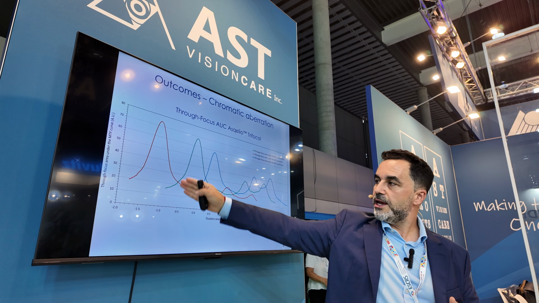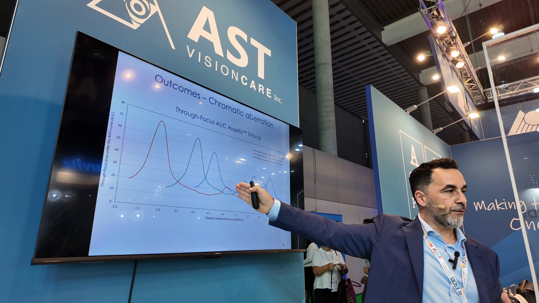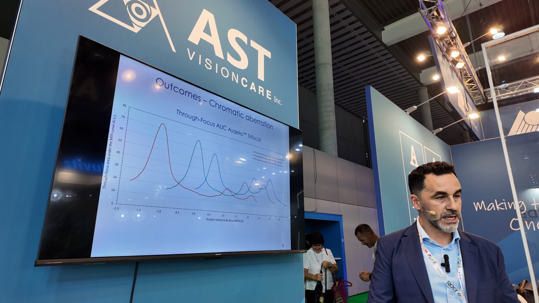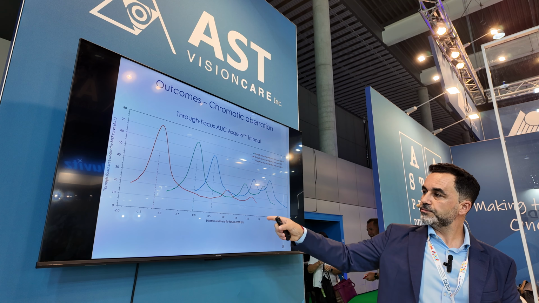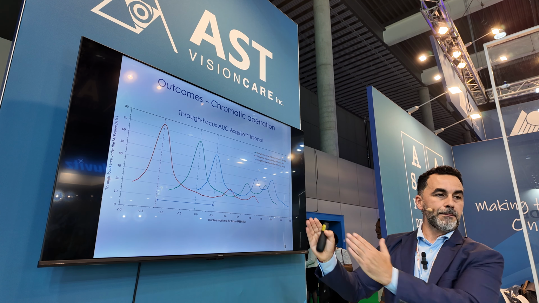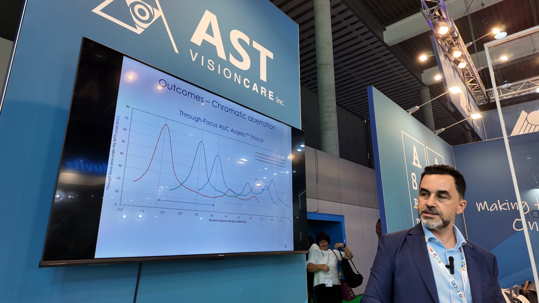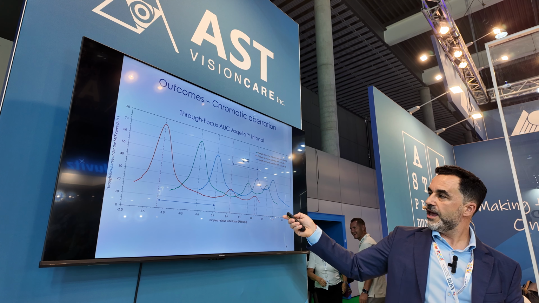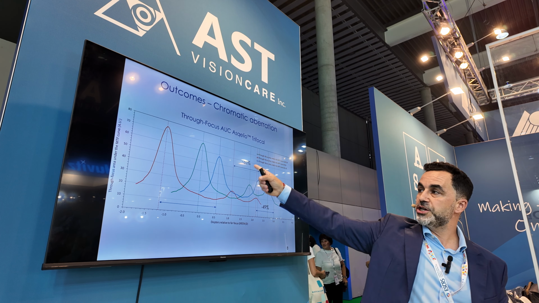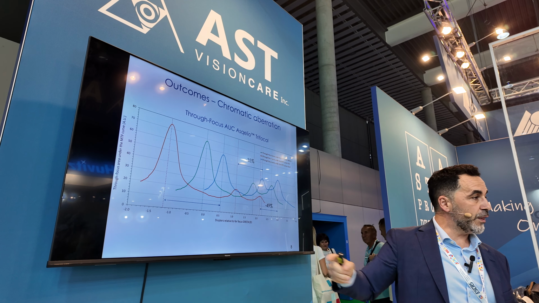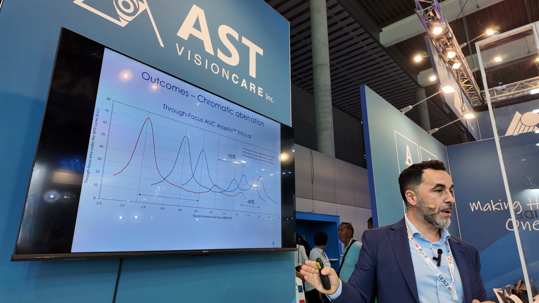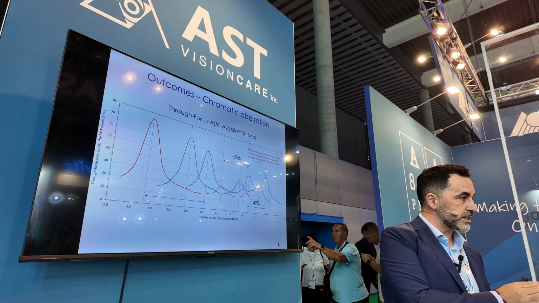So here you see the spherical aberration for distance, which is very similar to what we found with the monofocal one, as we expected, but now it's more clear to see the reduction in the gap between the different wavelengths for the intermediate and for the near. You can actually see a reduction in the chromatic aberration of around one third for the intermediate compared to distance, and about half of the chromatic aberration we got from distance.